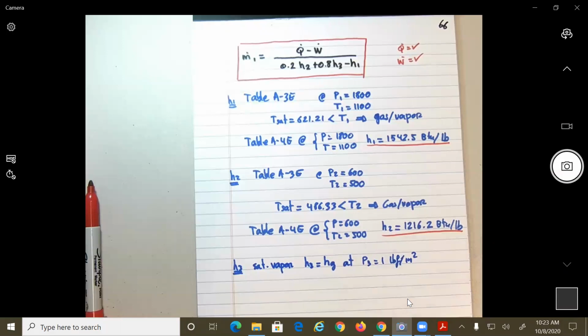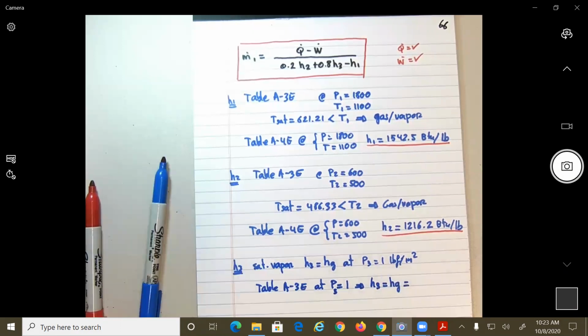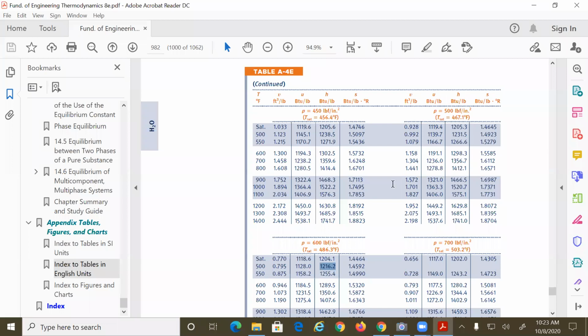Okay? So over here, the best thing probably is table A3E. You could get it also from table A4E, but let's do it at this. So at P3 equal 1, H3 will be equal to H gas. That will be equal to, we're going to find out. So let's see, what's the pressure? 1.